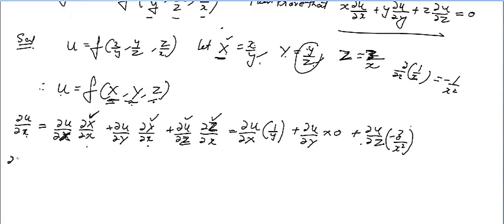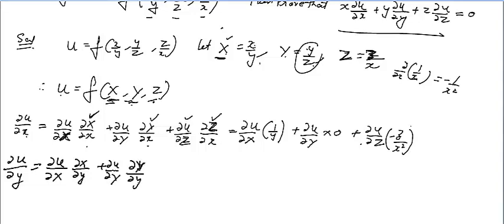Now I will take ∂u/∂y, the derivative with respect to small y, so ∂u/∂X times ∂X/∂y, plus ∂u/∂Y times ∂Y/∂y, plus ∂u/∂Z times ∂Z/∂y. Now ∂u/∂X as it is.